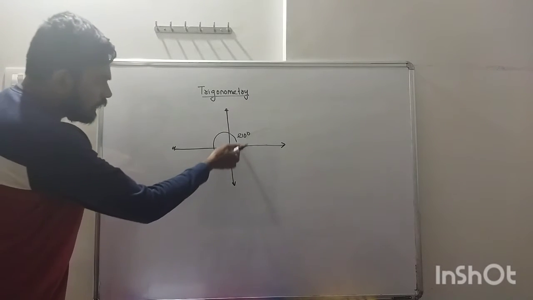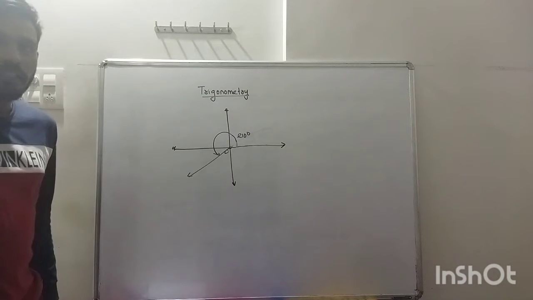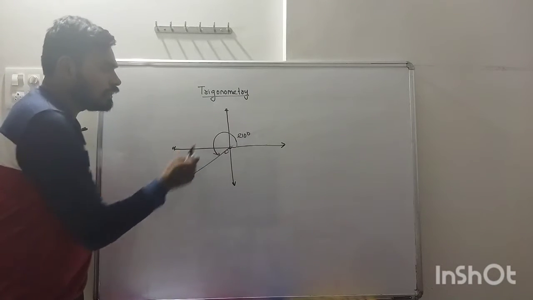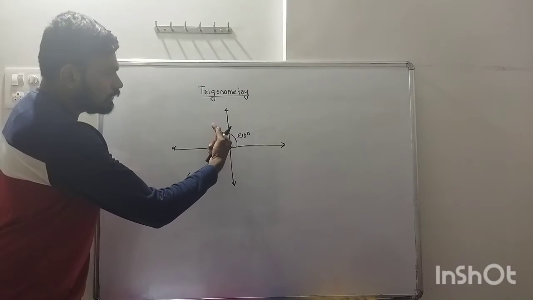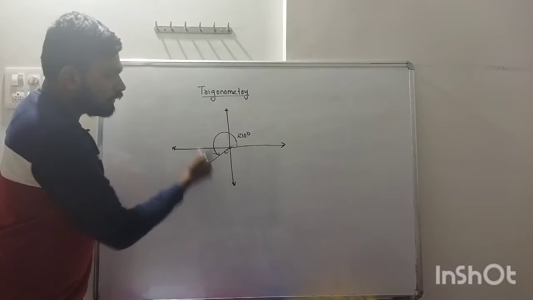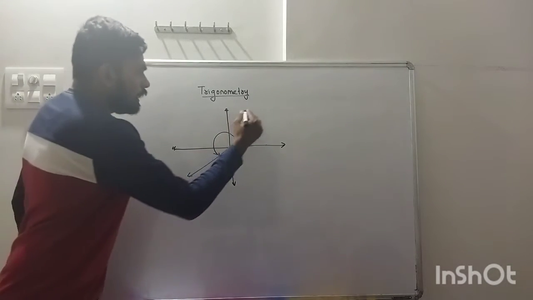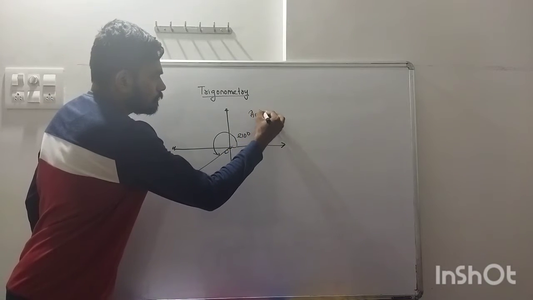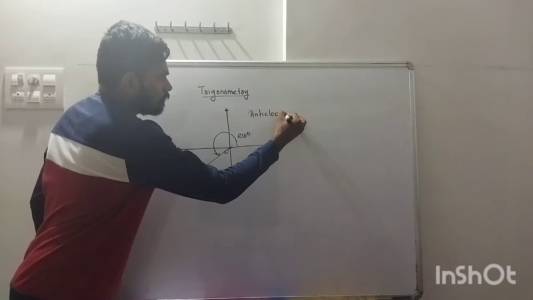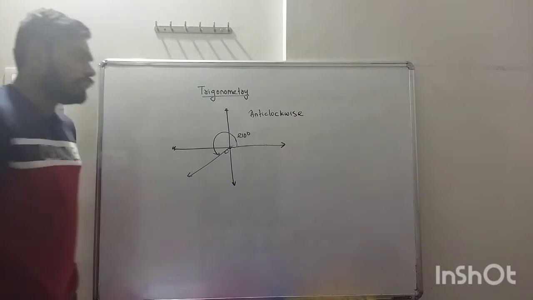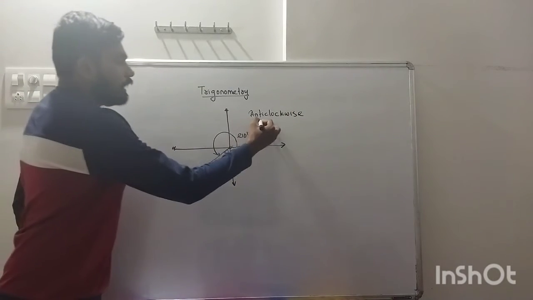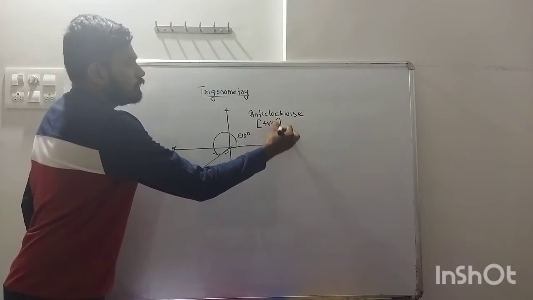Whenever we rotate this way, it is the opposite of how a clock rotates. A clock rotates like this, so this is anti-clockwise. And whenever rotation is anti-clockwise, we take the angle as positive. Understood?